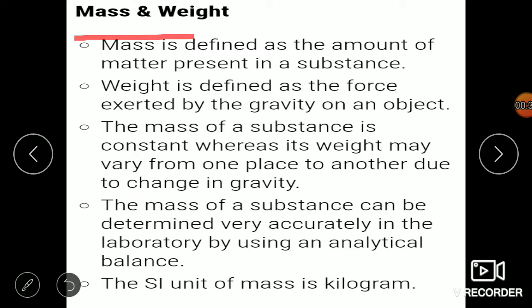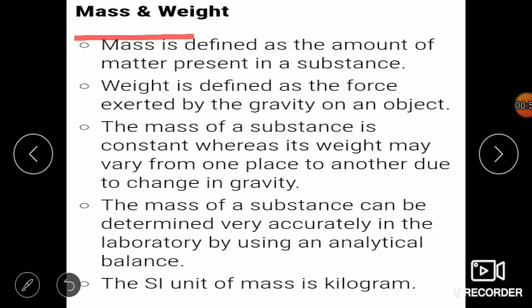Now, what is mass? If you remember, mass was the basic unit and corresponding to it was weight. Mass is defined as the amount of matter present in the substance. It is a constituent of any substance.